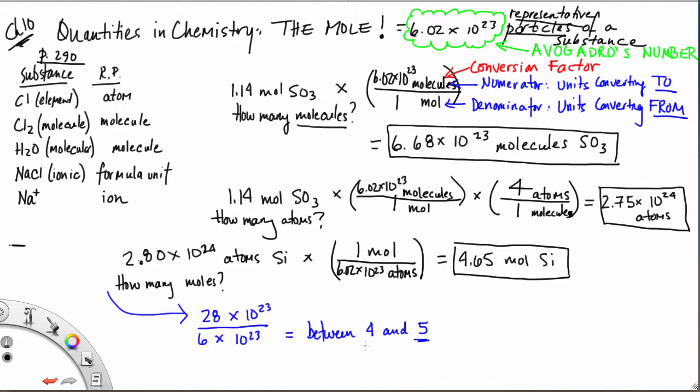How about we do one more problem? I got a little bit of room in here. I'm going to squeeze this in right down here on the bottom. Okay, so let's say I have 1.00 times 10 to the 25th atoms of sodium.